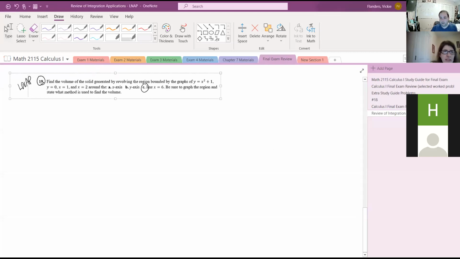Number 19. Okay, so find the volume of the solid generated by revolving the region bounded by this graph and these lines around the line x equals 6. Be sure to graph the region and state what method. So, Vic, did you have a particular method in mind?